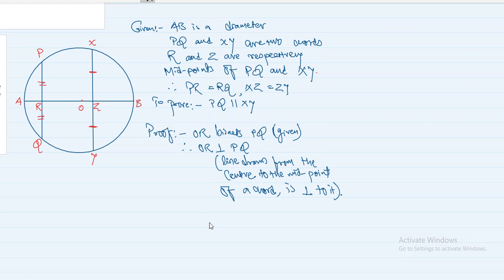So OR is perpendicular to PQ, and therefore angle ORQ is equal to 90 degrees.